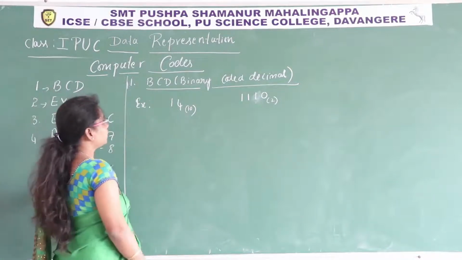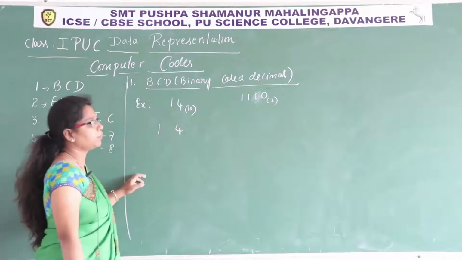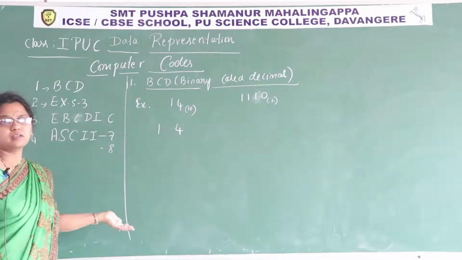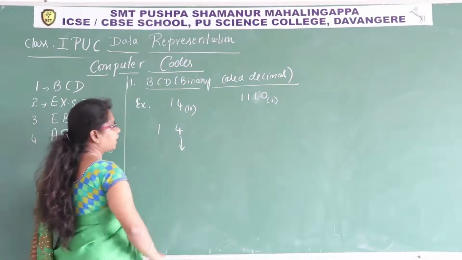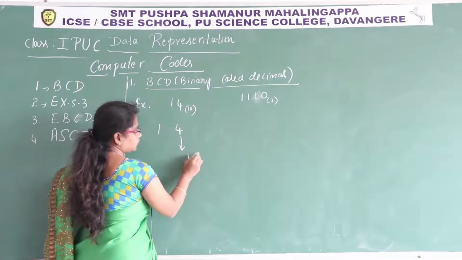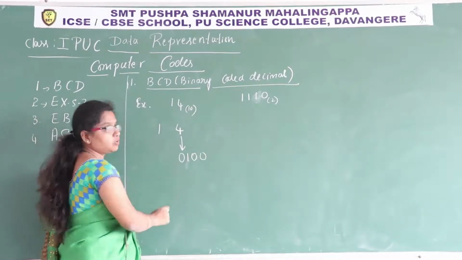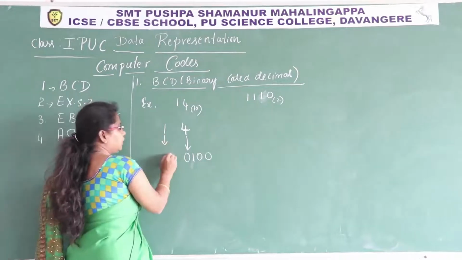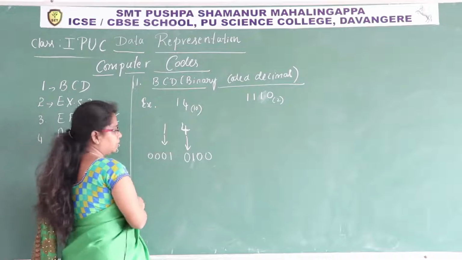Then what is the BCD, binary coded decimal? Each and every digit of a given number is converted into a 4-bit binary code. How? What is the 4-bit binary representation of 4? 2, 1, directly we will get 4 here: 0, 1, 0, 0, and for 1, 0, 0, 0, 1.